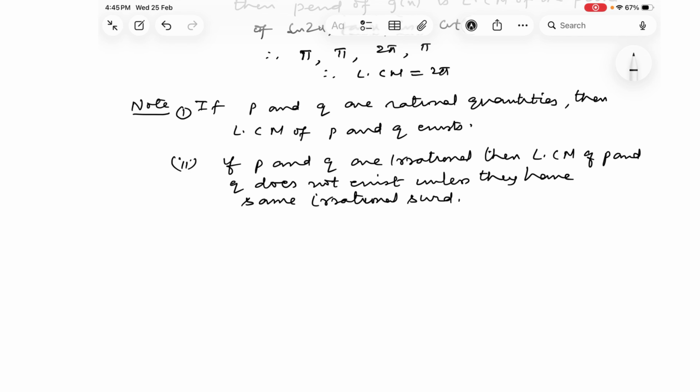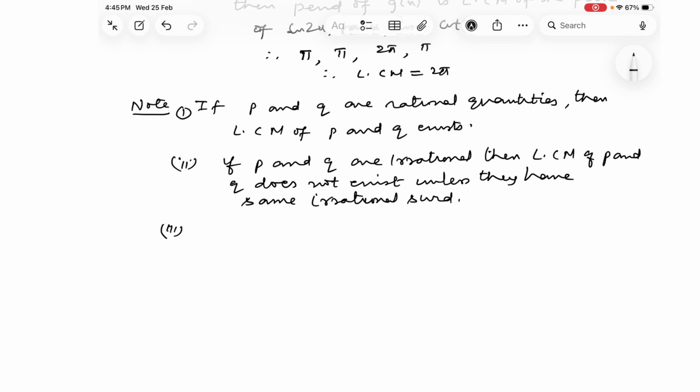Very important point. If P and Q are rational quantities, then the LCM of P and Q exists. But if P and Q are irrational, the LCM of P and Q does not exist unless they have the same irrational surd.